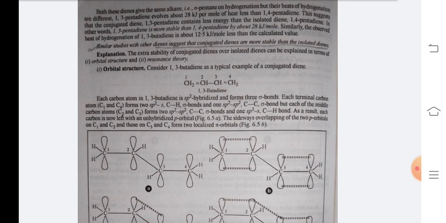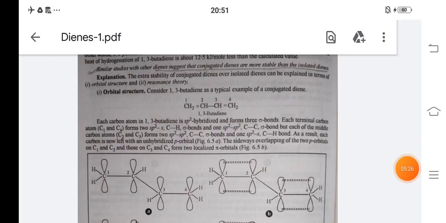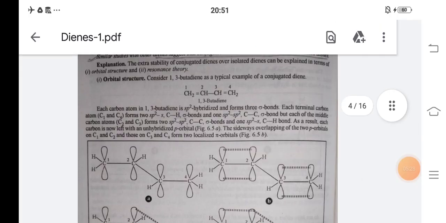Similar studies with other dienes suggest that conjugated dienes are more stable than the isolated dienes. Explanation: the extra stability of conjugated dienes over isolated dienes can be explained by orbital structure and resonance theory.